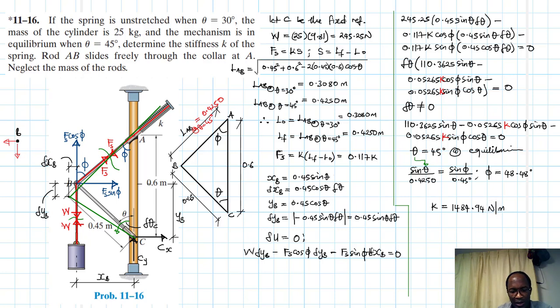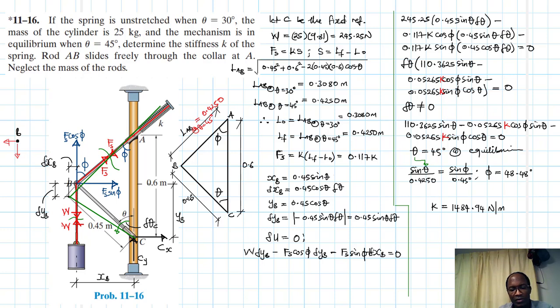Let's calculate again: 110.3625 sine 45 divided by 0.05265 cos 48.48 sine 45 plus 0.05265 sine 48.48 cos 45.